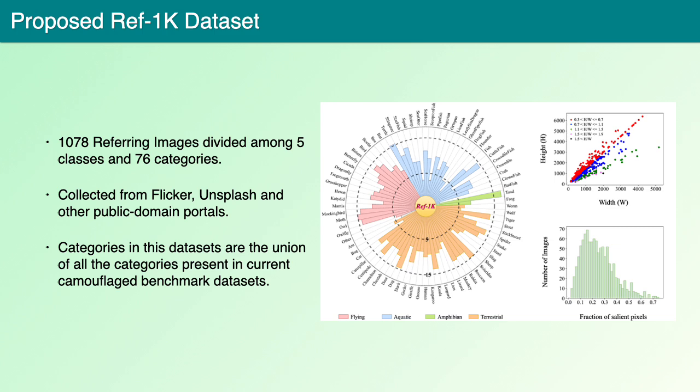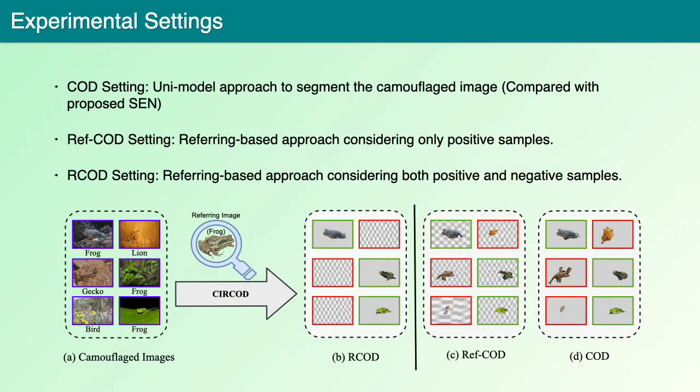These categories are the union of all the categories present in the current benchmark camouflage datasets. We also present three major settings in our work. CamOD setting, where we evaluate the unimodal approach to just segment the camouflage image, which we compare with the proposed SEN. RefCOD setting, which is a referring based approach considering only positive samples, and RCOD setting, which is a referring based approach considering both positive and negative samples.